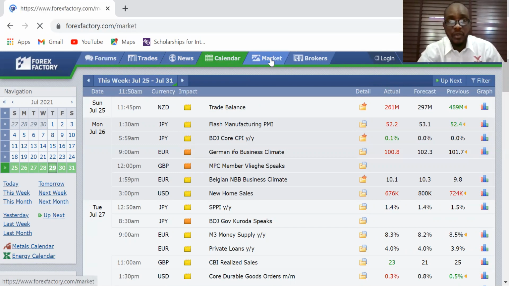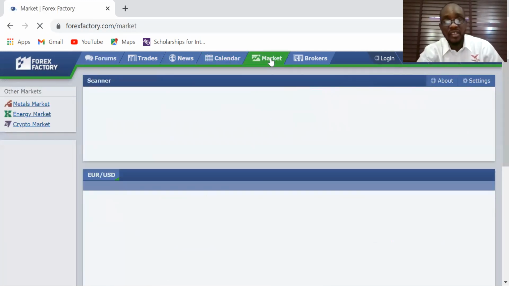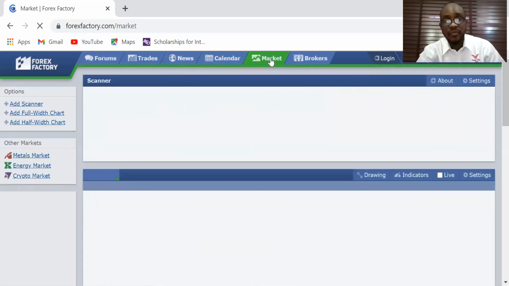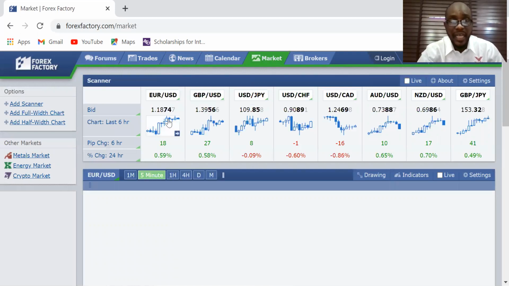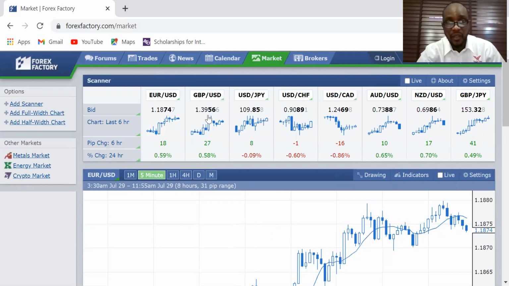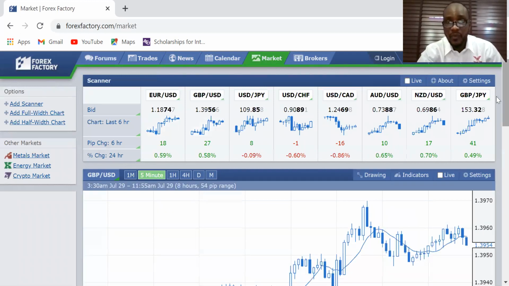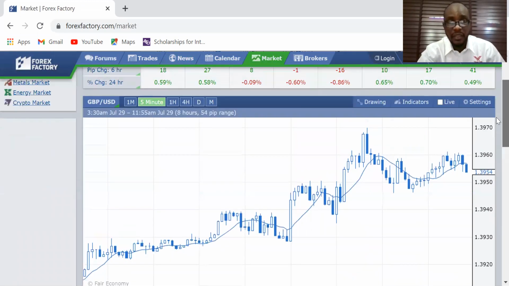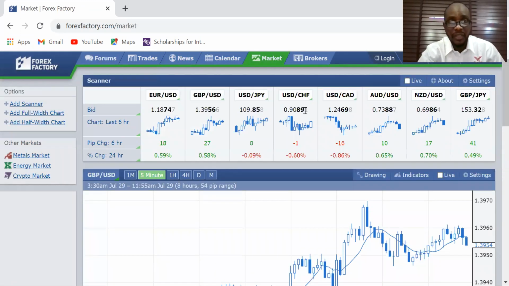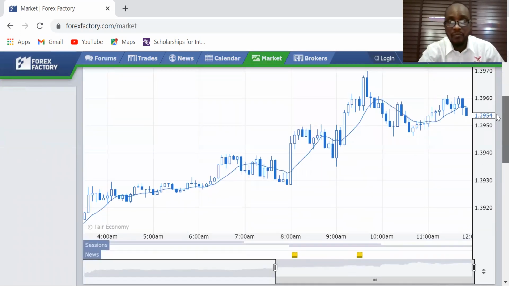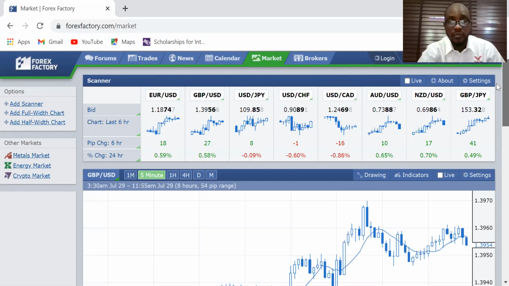Here, markets, we are referring to different charts that an individual can click on. Once you click on any of them, it appears here. For example, if you click on this, it appears here. You can see it changes to GBP USD because that was what you clicked on. So here clearly, you can see that the market is buying USD.